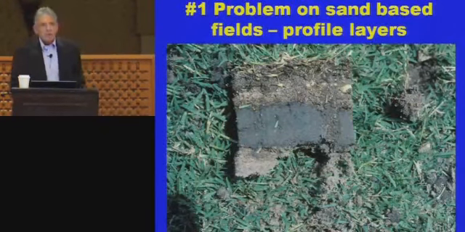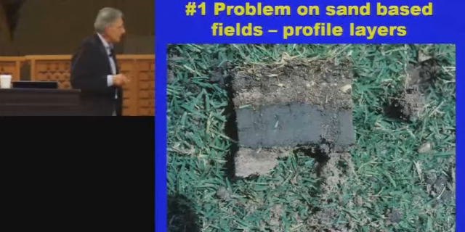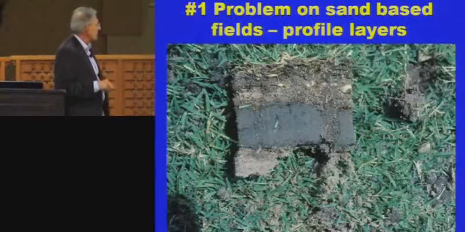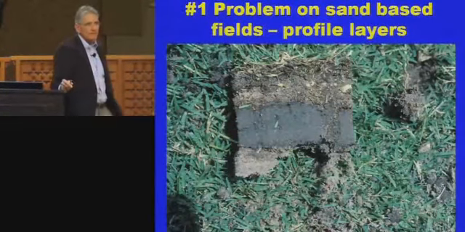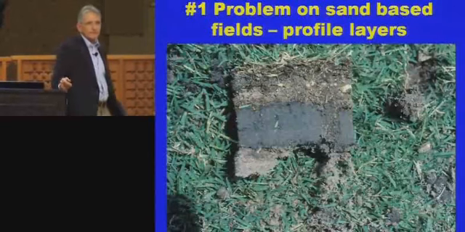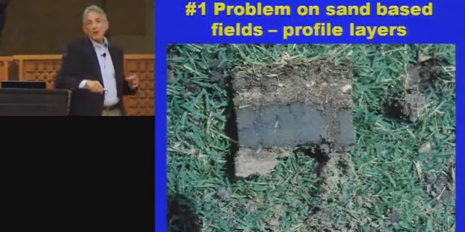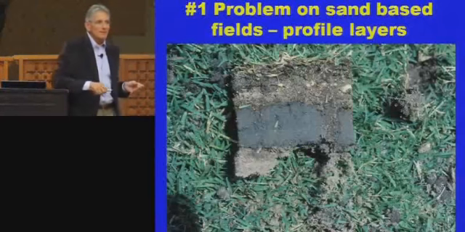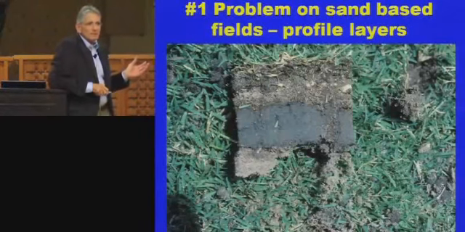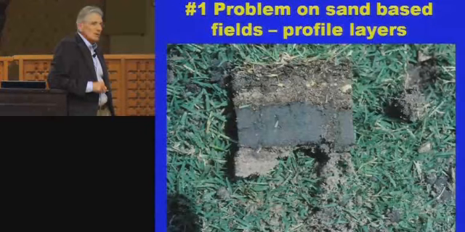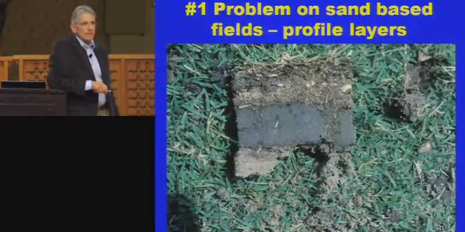Again, why does rooting not occur very well beneath that sod layer? Go back to where we started way back when: soil properties. Come on, y'all know the answer. What are the properties of this soil that are going to limit rooting beneath it?